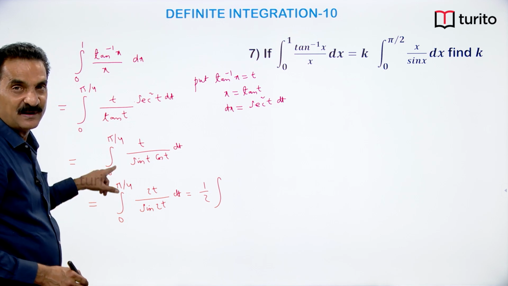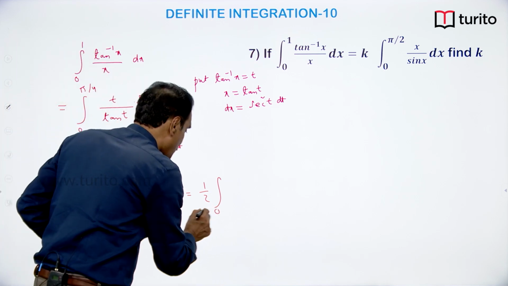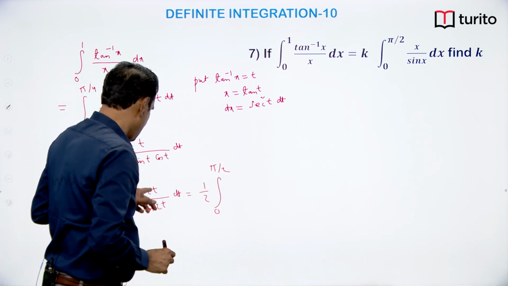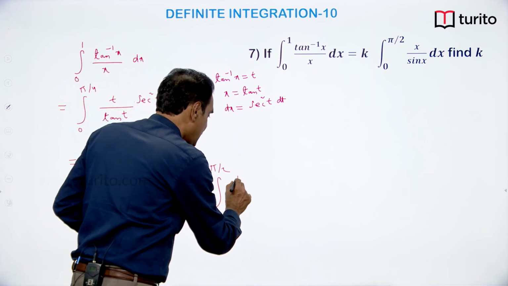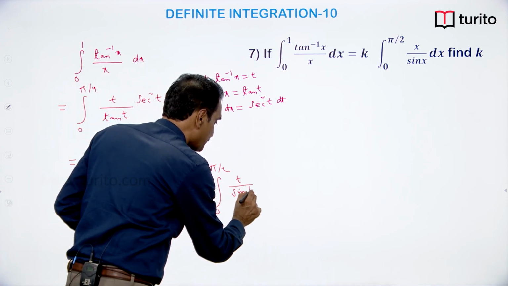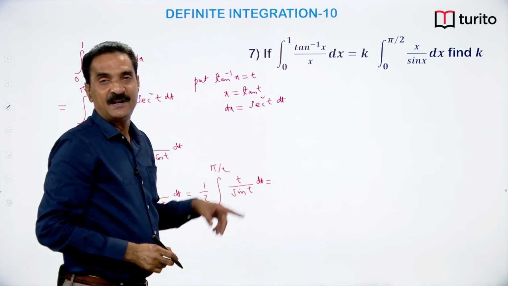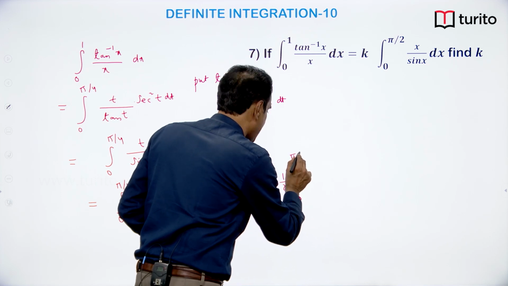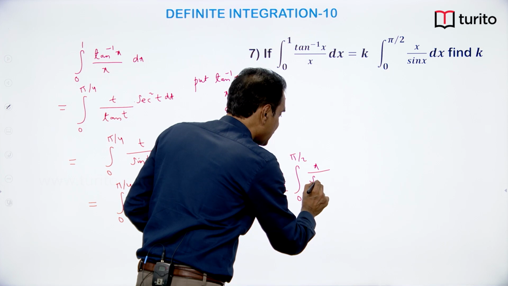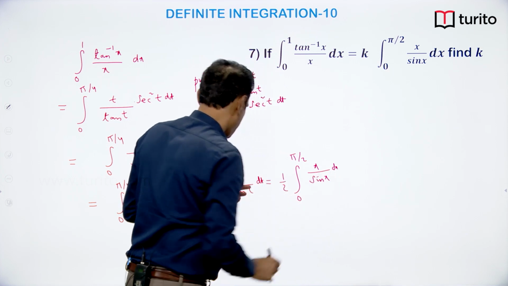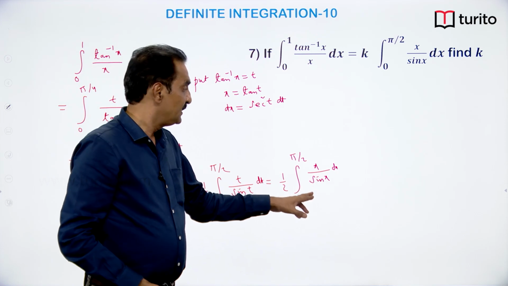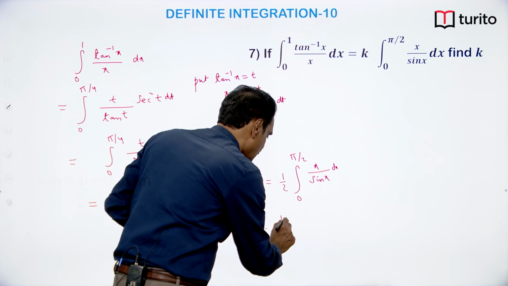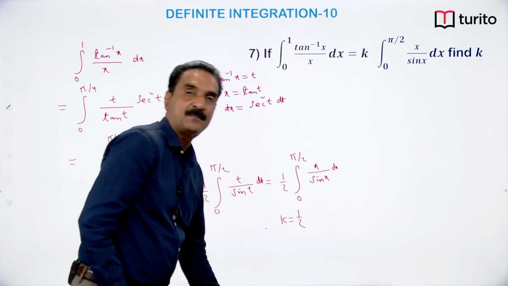So, multiply the limits by 2. 0 to pi by 4 into 2 becomes pi by 2. This becomes t by sin t, which can be written as 1 by 2 into integral 0 to pi by 2 x by sin x. We can change the variable directly. So, it is equal to RHS. So, what is the value of k? 1 by 2. K is 1 by 2.